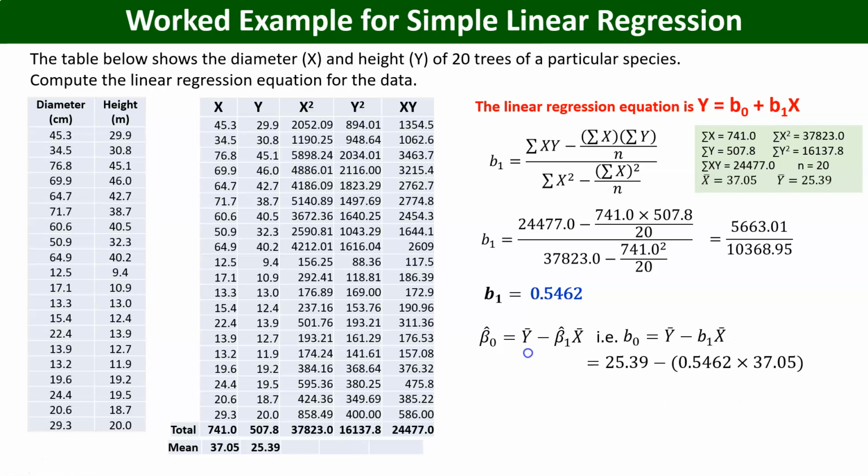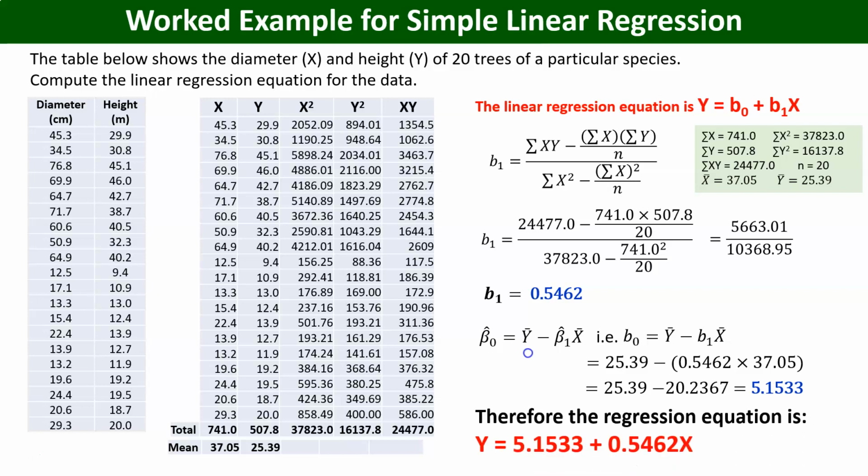So just put the values where they should be. And that gives us 25.39 minus 0.5462, which is B1, times 37.05, which is the value for mean of x. And you evaluate that, it gives us 5.1533. That's the value for our B0. So having calculated B0 now, we are good to go and express the regression equation as indicated.